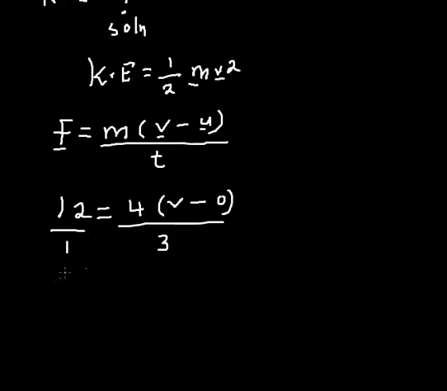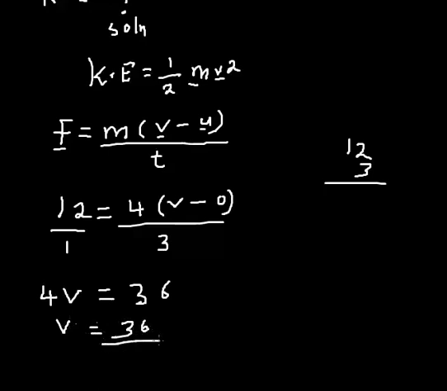V minus 0 is V. V times 4 is 4V. So here I have 12 times 3, which should give me 36. So my velocity is going to be 36 all over 4, which of course is 9 meter per second.